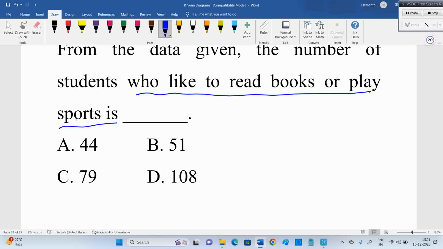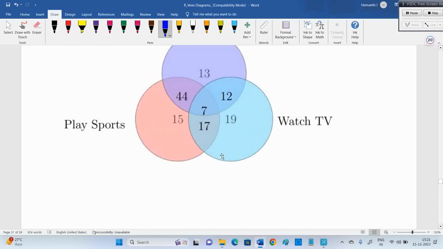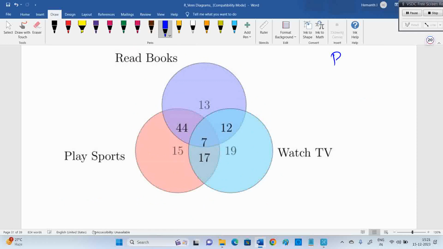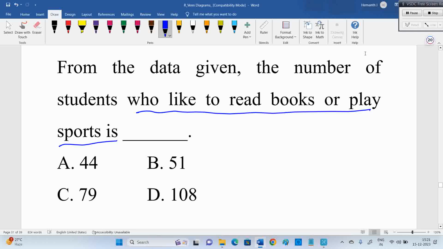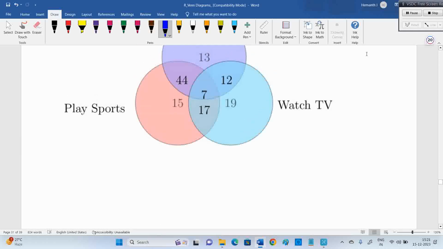You need to find read books or play sports, so count in this diagram. I repeat, the given question is read books or play sports. The options available are 44, 51, 79, 108.